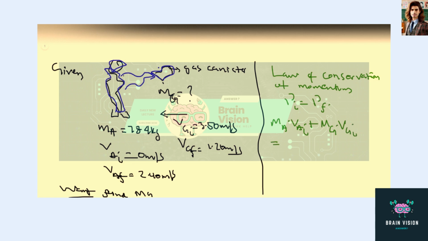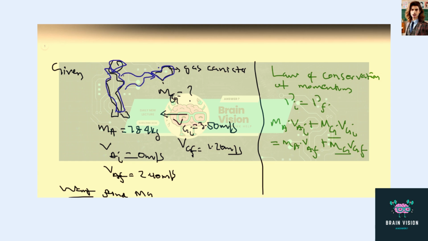And that is equivalent to the final momentum of the system, which is the final momentum of the astronaut plus the final momentum of the gas canister.